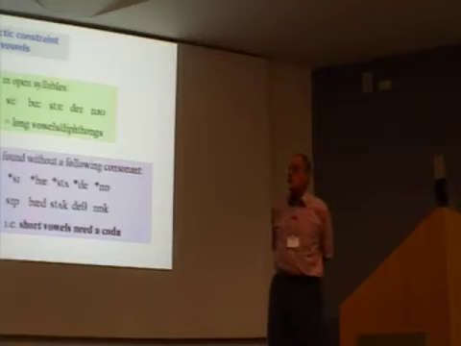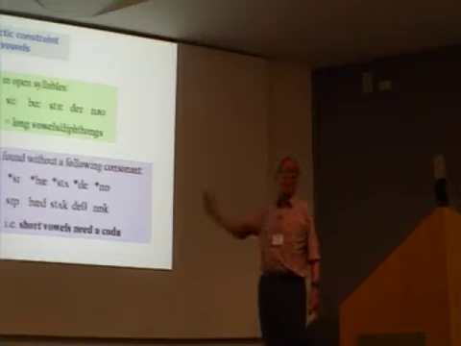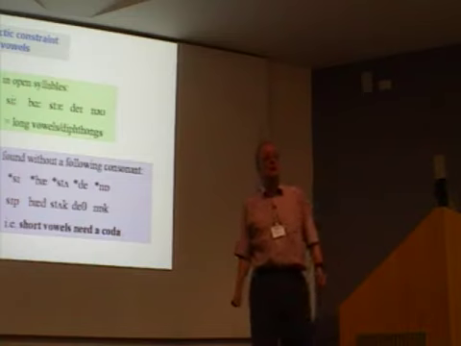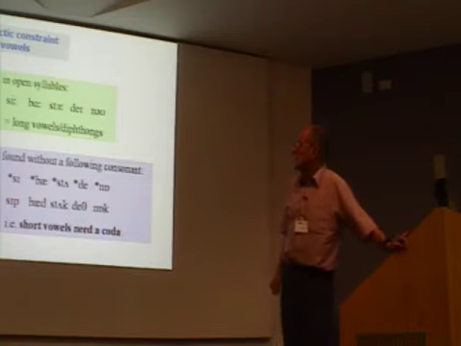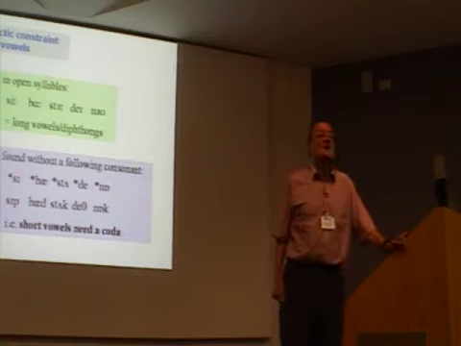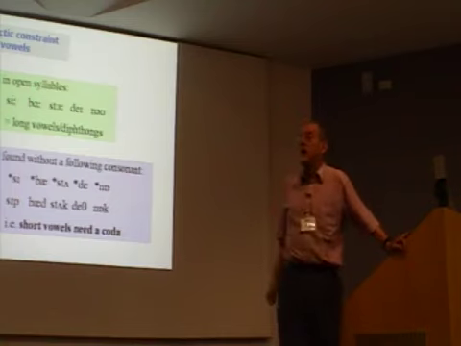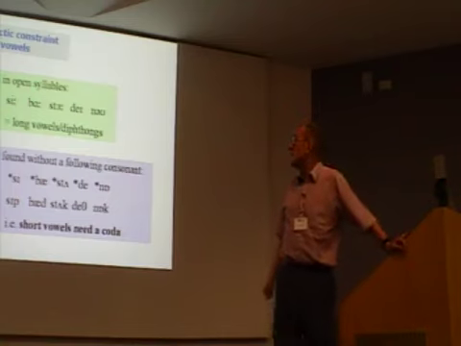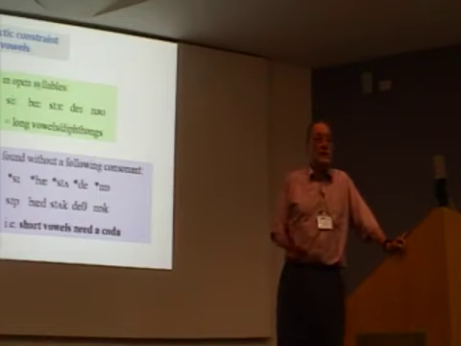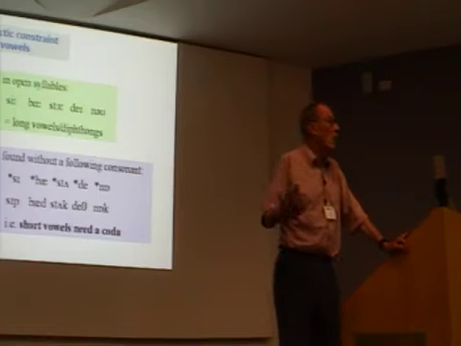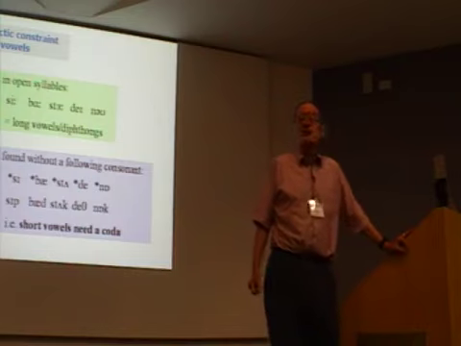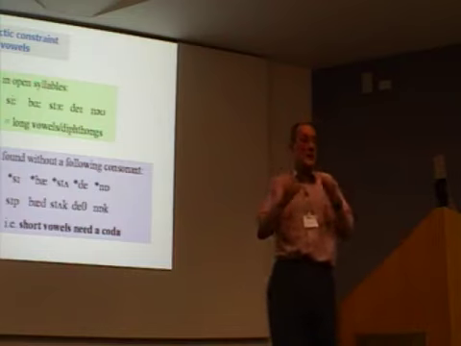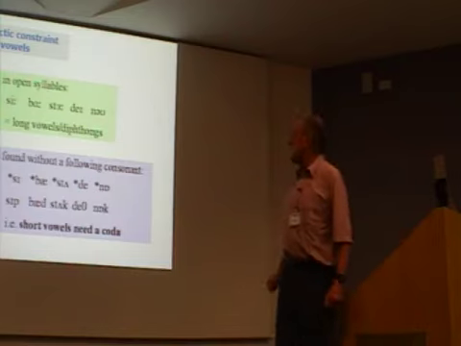Most of our vowels are fine in what we call open syllables, that is, syllables with no final consonant. So we have words like see, bar, stir, day, and know. All of these are perfectly good words in English, perfectly good syllables from the point of view of the phonetics.